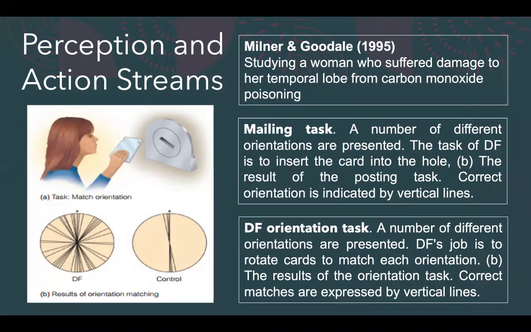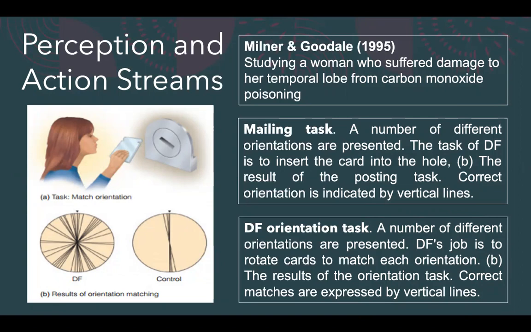Poor woman. One result of the brain damage was revealed when DF was asked to rotate a card held in her hand to match different orientations of a slot, as you can see in this A part. She was unable to do this.